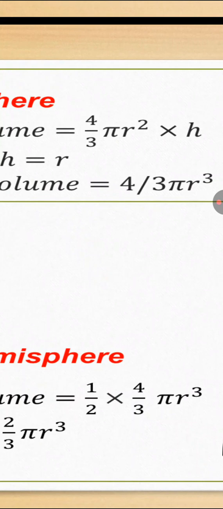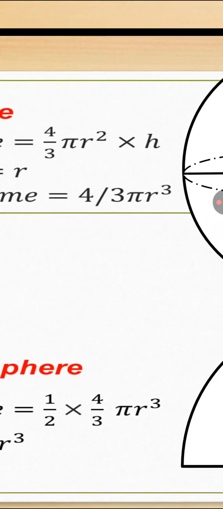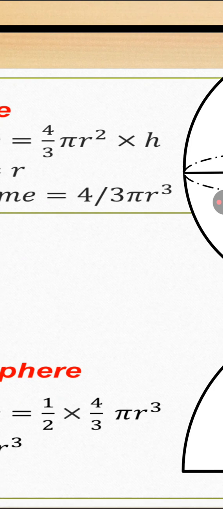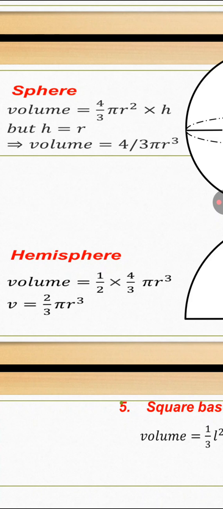Now, the height of a sphere is also equal to its radius. Take note. For that reason, instead of writing times h, we say times another r. So r squared times another r will give you r cubed. So the formula remains 4/3 times pi r cubed. That is the only formula here with r cubed.